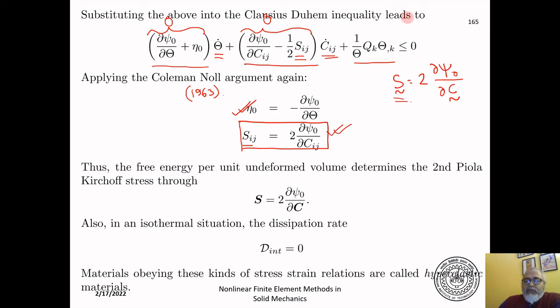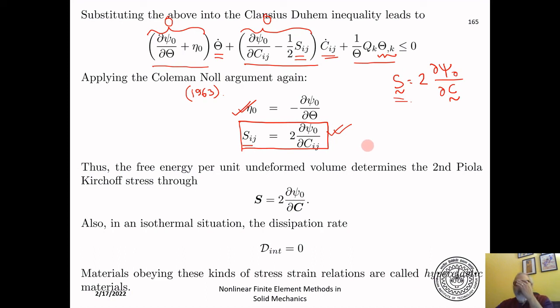In case we have an isothermal situation, the gradient of theta is 0, so this term is 0, and then the dissipation, which is the left hand side of this inequality, is equal to 0.